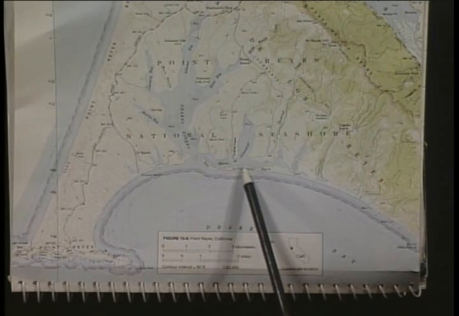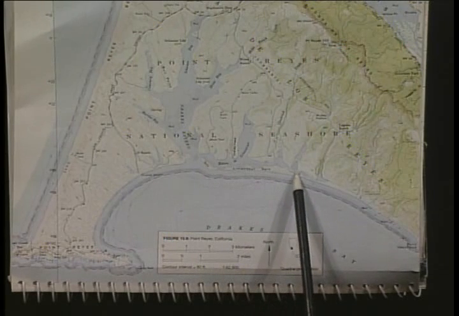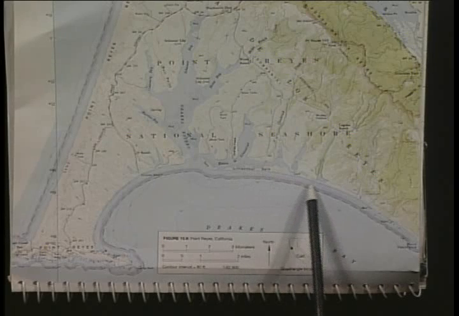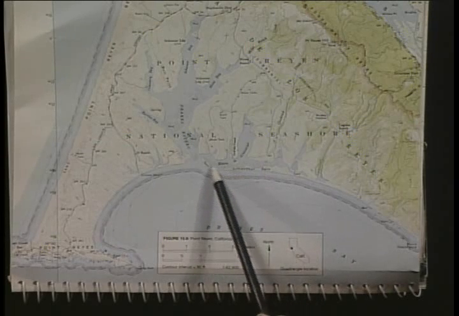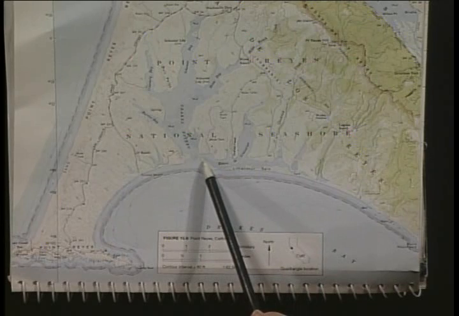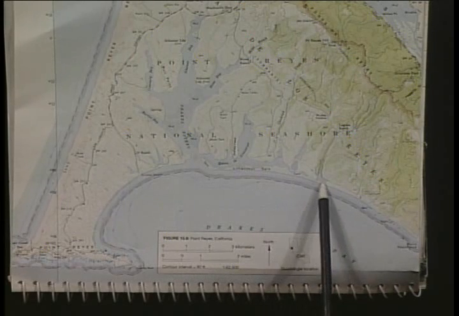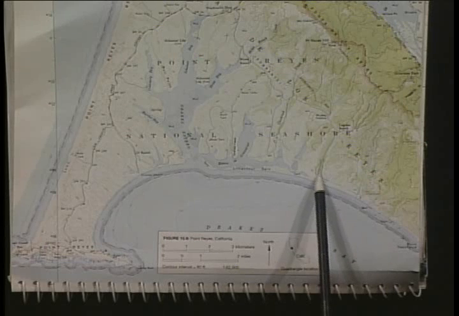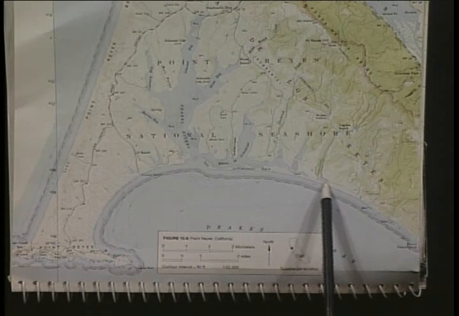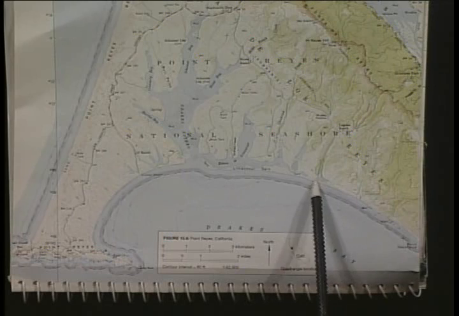What would this feature be called? Since the sand has been moved beyond the beach, this would be a spit. If this were formerly a bay, and I don't think it was, but if it were, this would be a bay mouth bar at this point.